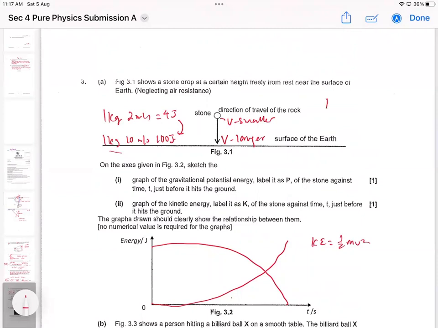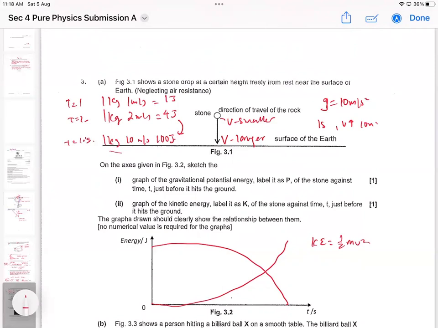Due to the Earth's acceleration of g equals 10 meters per second squared, every 1 second the velocity increases by 10 meters per second. If you look at the first second, 1 kg, 1 meter per second, this is time equals 1, this is time equals 2. The increment here is actually 1 joule. But when it's time equals 10 seconds, the increment is so much larger already.